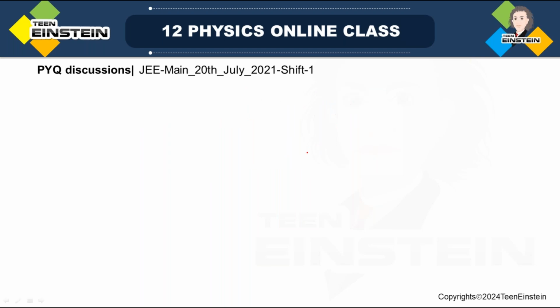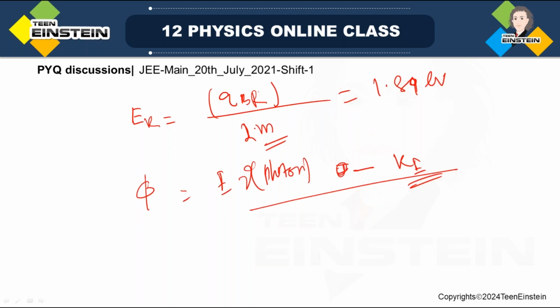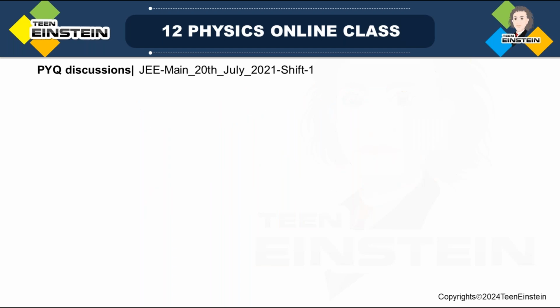I'm sorry, I think I have made a little mistake over here. You just look at this. E is equal to P square by 2m where we had written P is equal to mv, P is equal to actually qRB. This is 2m.